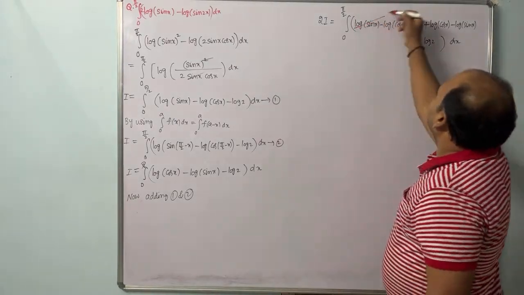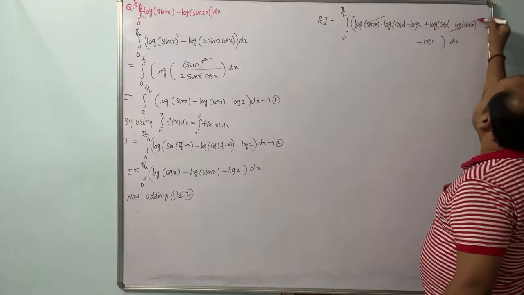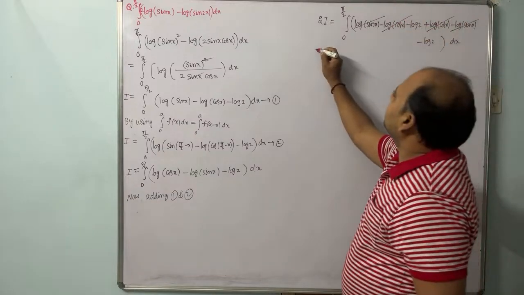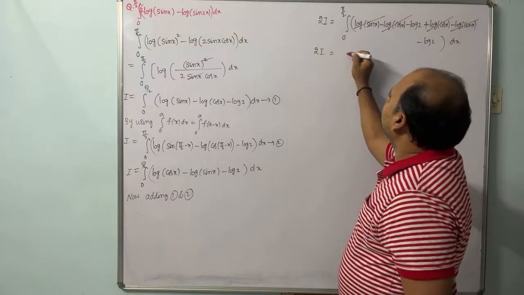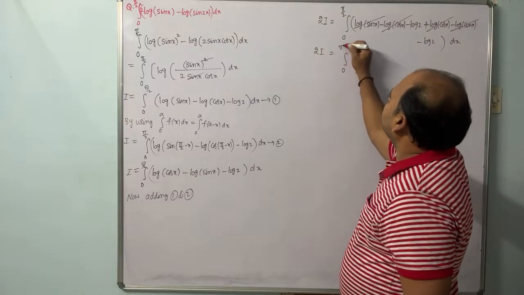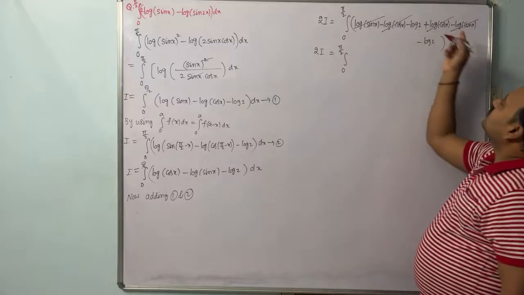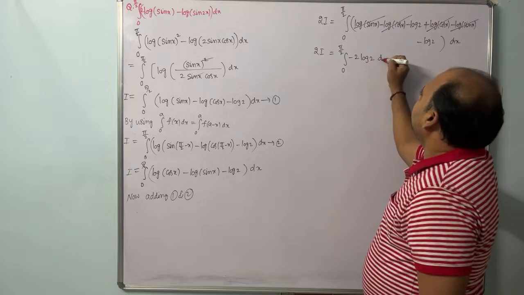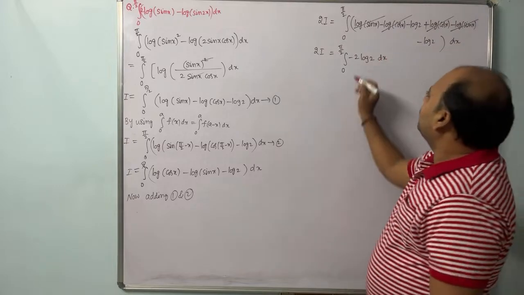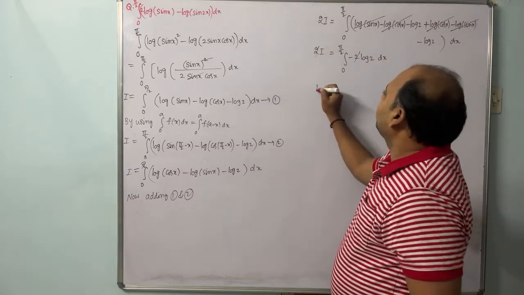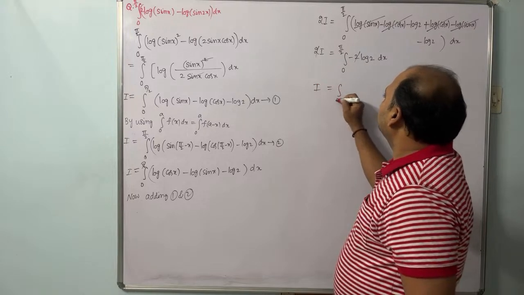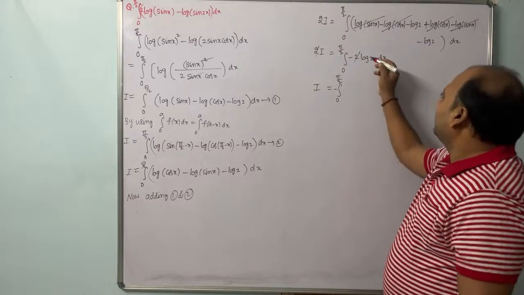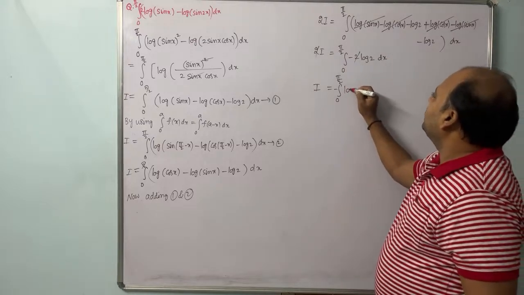So plus log of sin x minus log of sin x, and minus log of cos x plus log of cos x get cancelled. 2I is equal to the integral from 0 to pi by 2 of minus log 2 minus log 2, which is minus 2 log 2, into dx. So both sides 2 get cancelled. I is equal to the integral from 0 to pi by 2 of minus log 2 into dx.